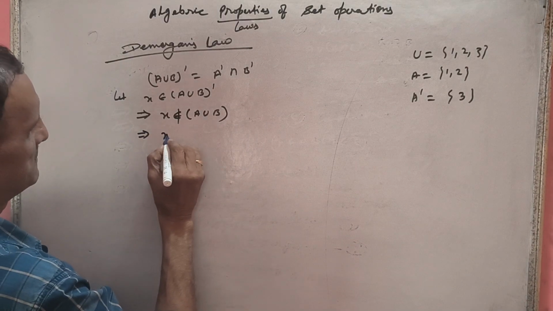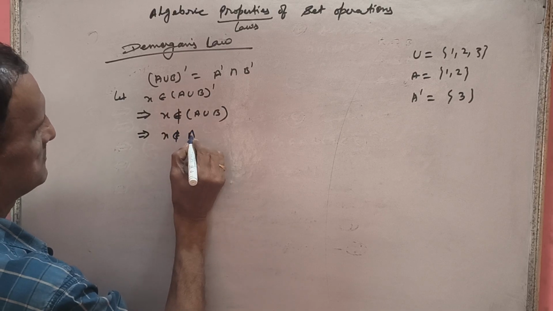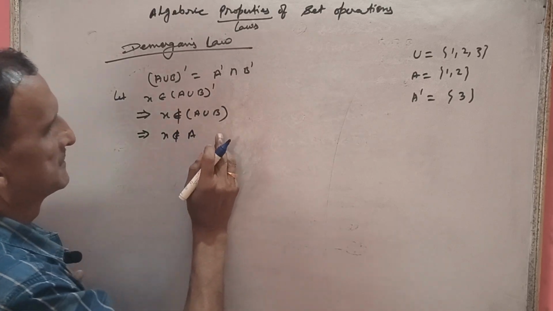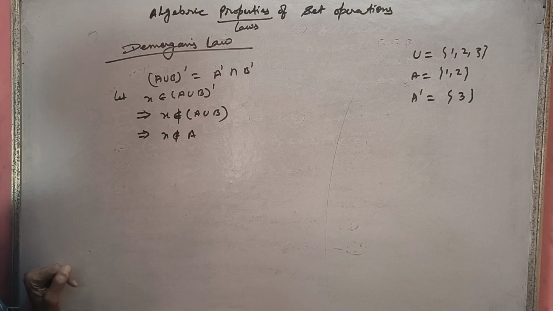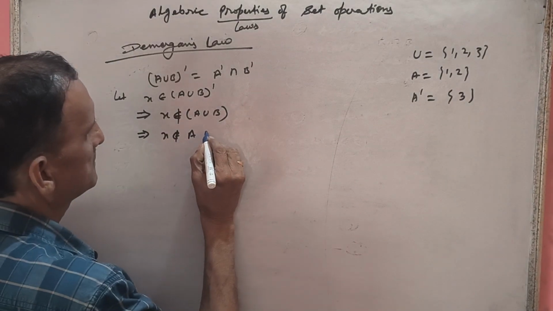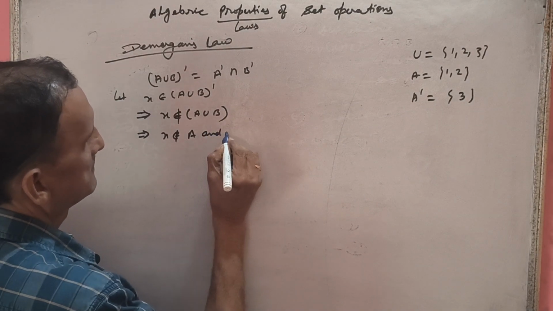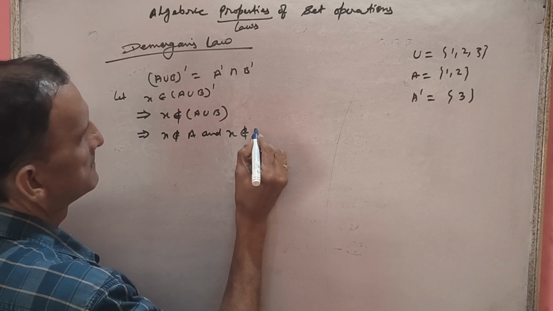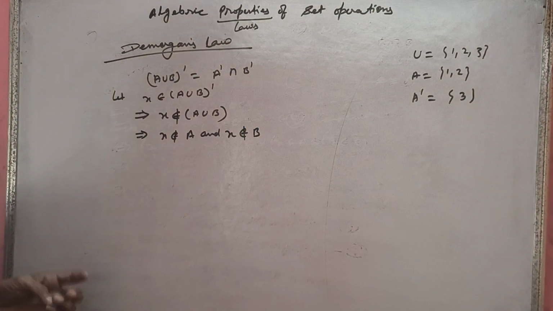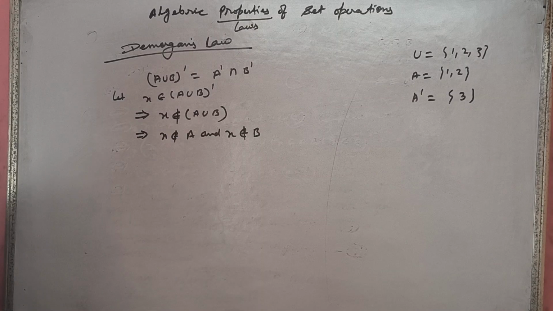Now here is a twist. X does not belong to A union B. Union means all, but that is in the case of belongs to. If it does not belong to, it will become different. You know why? Try to be clear. What does it mean?